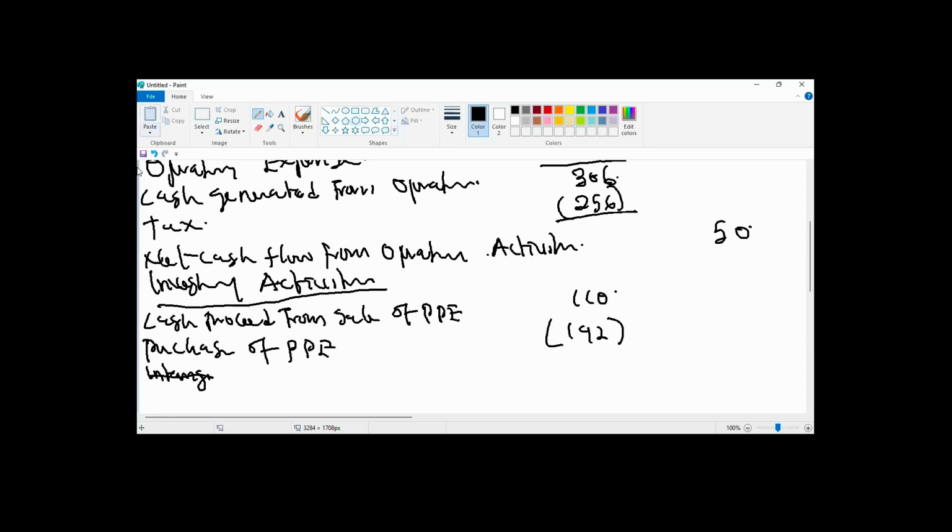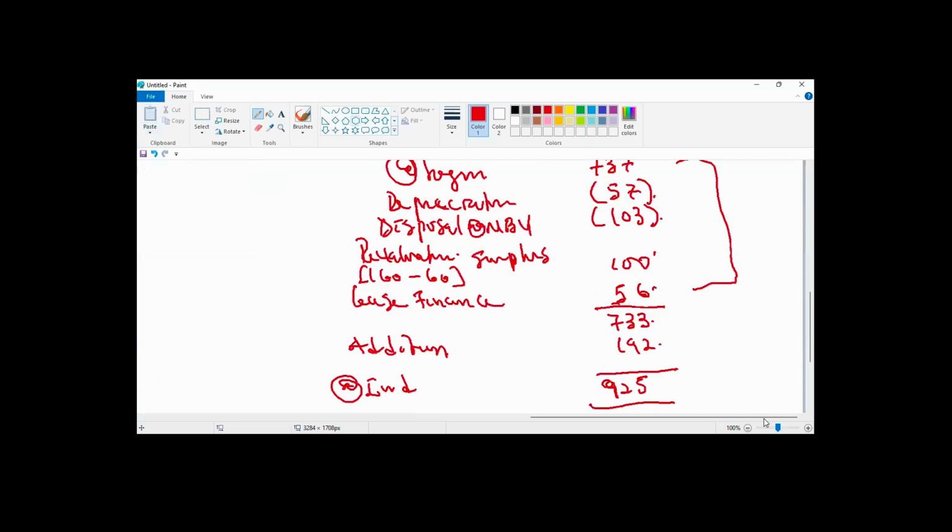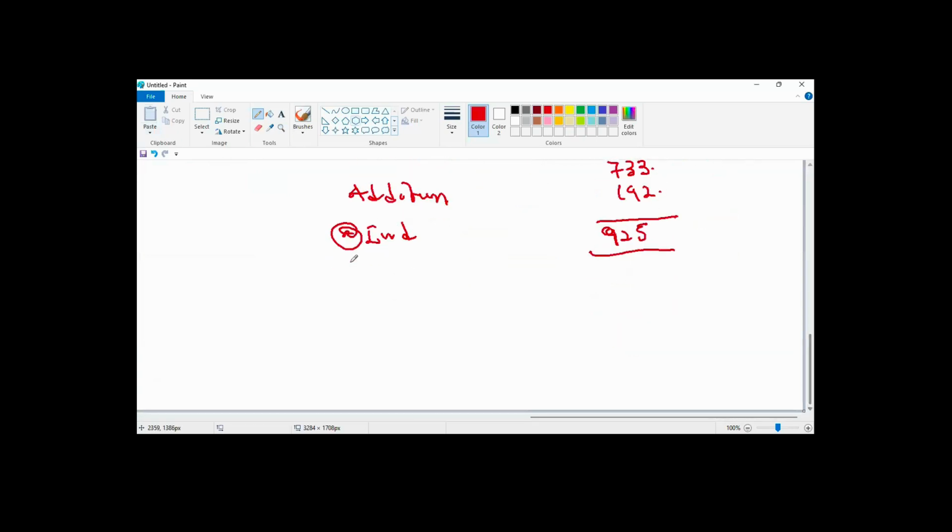They did not sell intangible. I'll go and check at the beginning and at the end. Development expenditure at the beginning was what? 160.